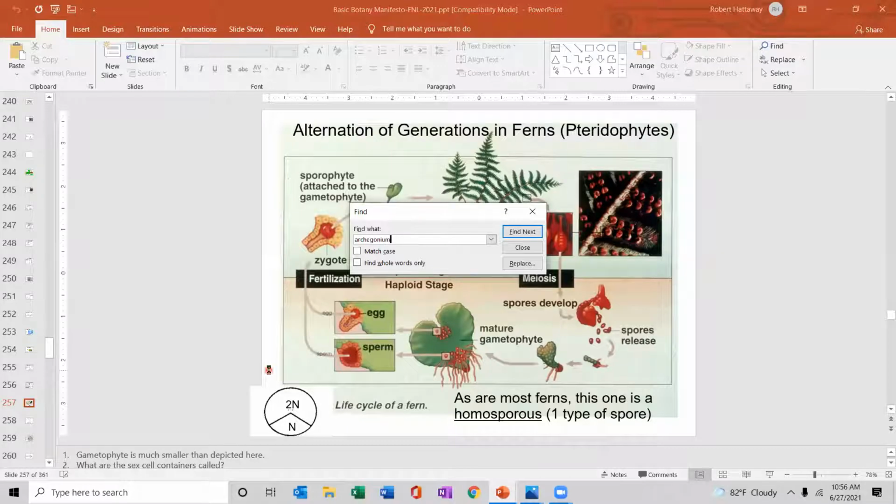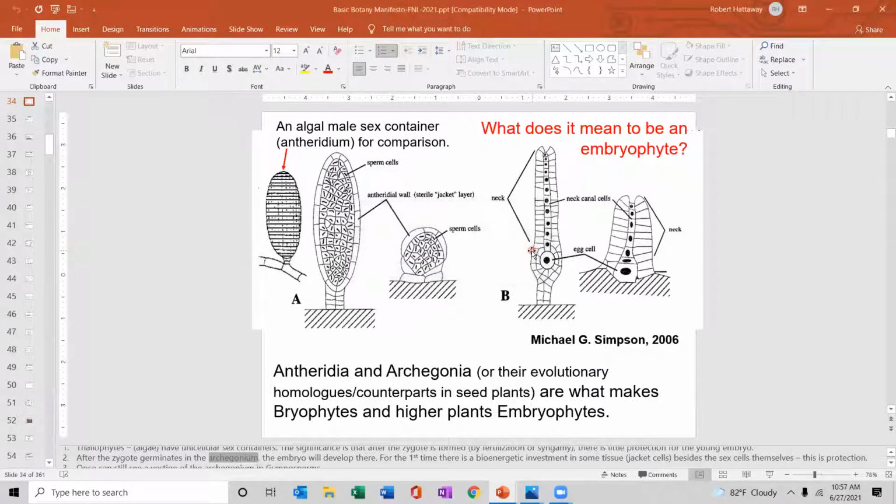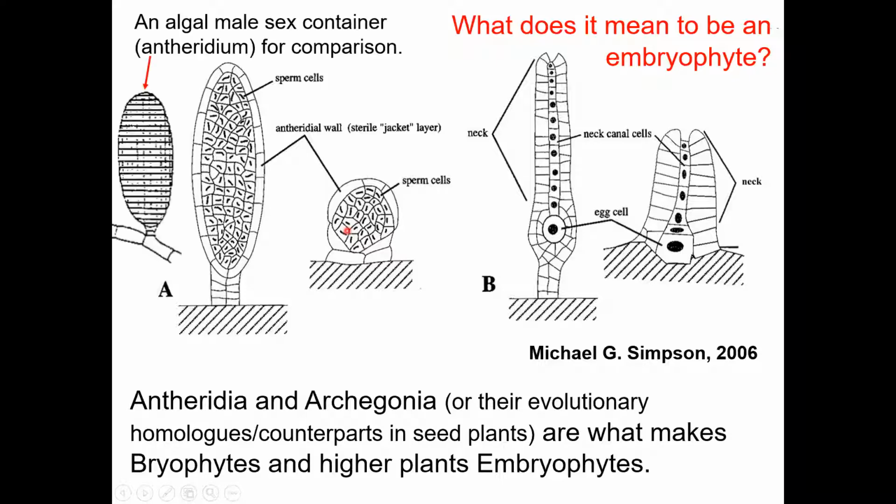Archegonium. This goes back to a slide from a long time ago when we were talking about what makes an embryophyte. What I've got here is an antheridium, which is a sex organ that contains sperm cells.